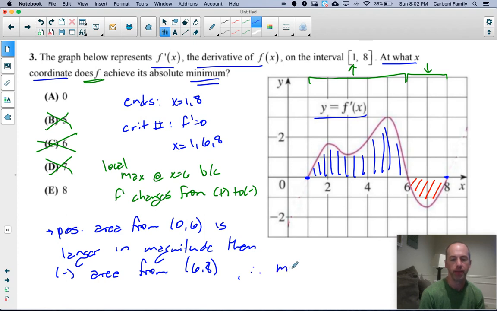Therefore, my minimum occurs at the left endpoint of 0. We increase significantly more than we decreased. And so since we increased a lot more than we decreased, my left endpoint must be lower than the right endpoint.